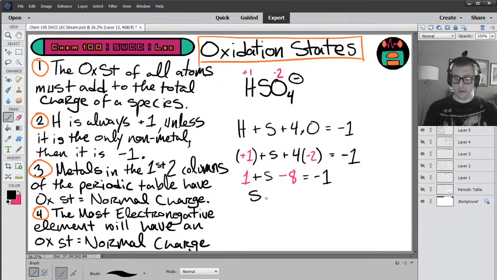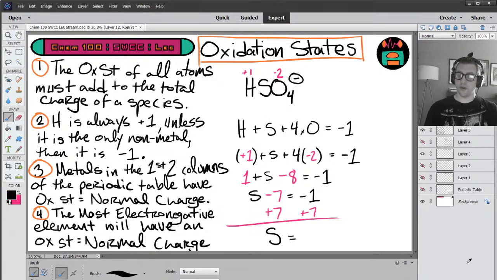So we have 1 minus 8 is -7, right? Sulfur minus 7 equals -1. So we got to solve for sulfur by adding 7 to both sides of this equation. And we see that in this species, sulfur has an oxidation state of +6.